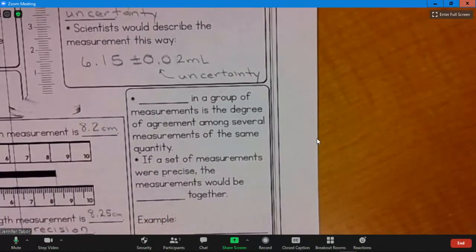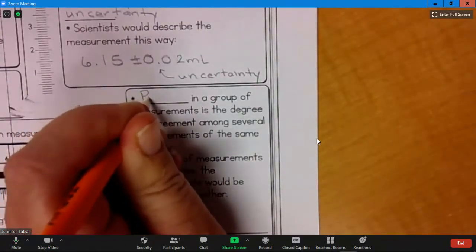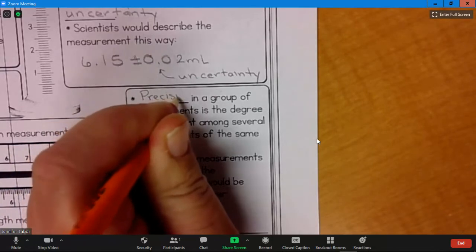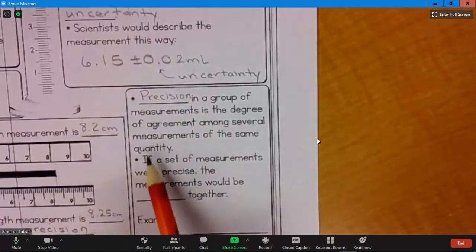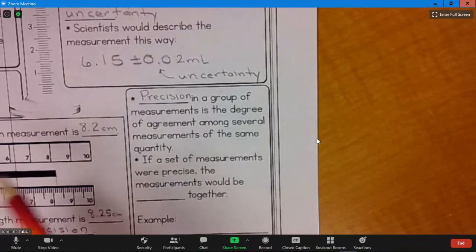All right, let's go back and talk about precision again for a minute. Precision in a group of measurements is how much agreement there is among the different measurements, right? So if a set of measurements are precise, they're going to be close together, right?